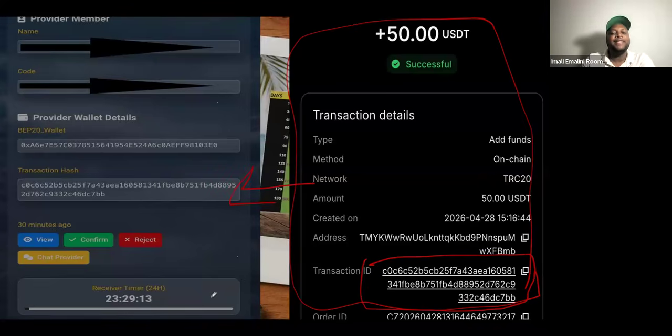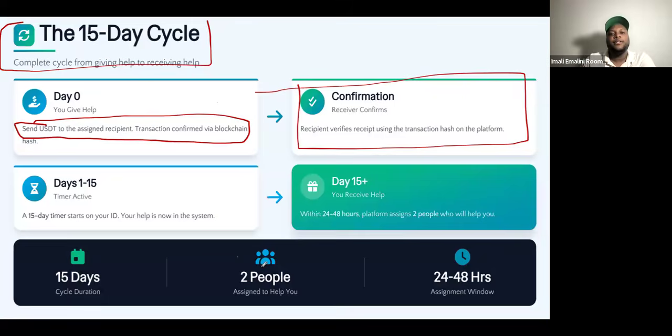Once you've got that sorted, your 15 days is running. It means after 15 days, you will receive somebody that will pay you. All you gotta do is to check the funds and confirm. That's it. Nothing else. Now, day 15. After 15 days, the system allocates 2 individuals that will pay you.